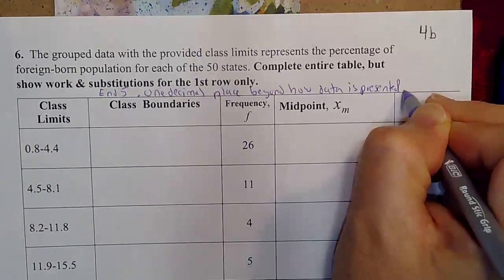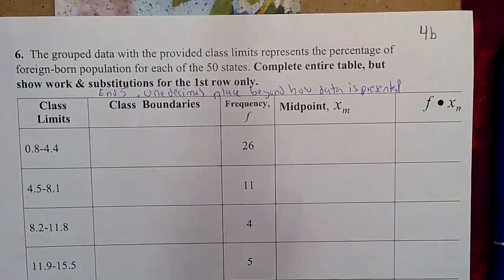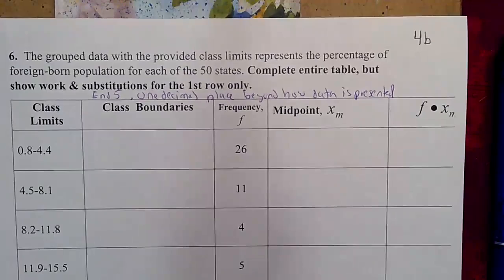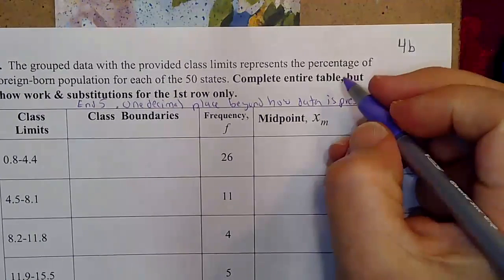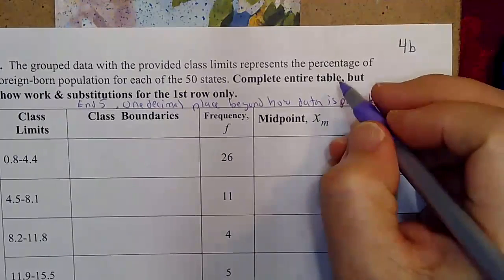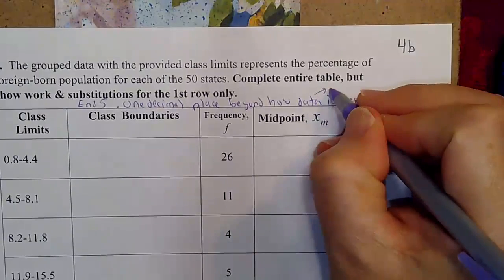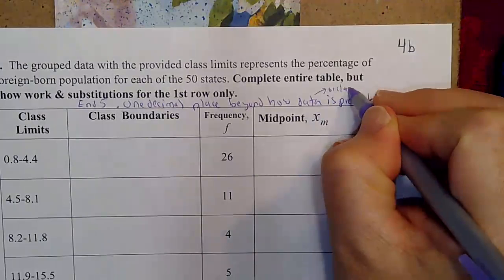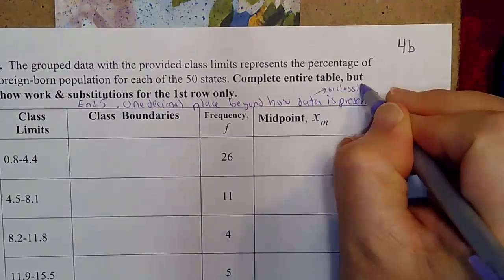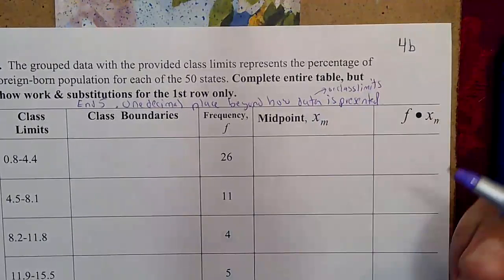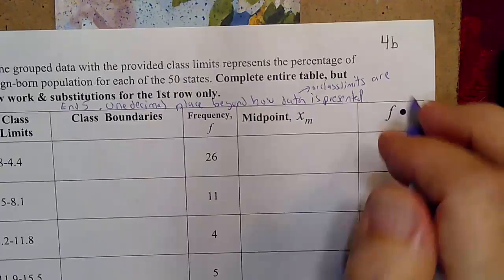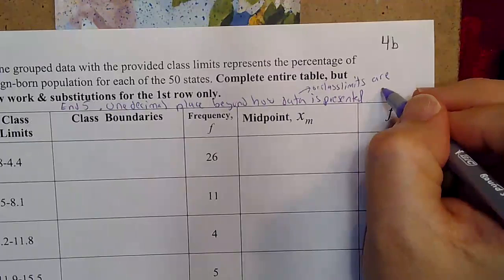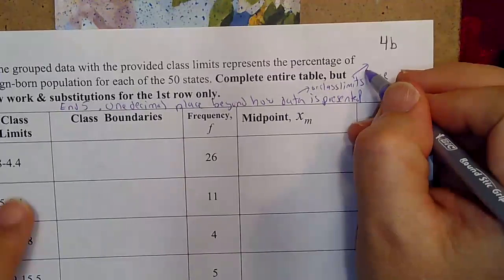Now you don't actually have the data, but you have the class limits. And so you can take how the class limits are presented, and those are presented in the tens place.